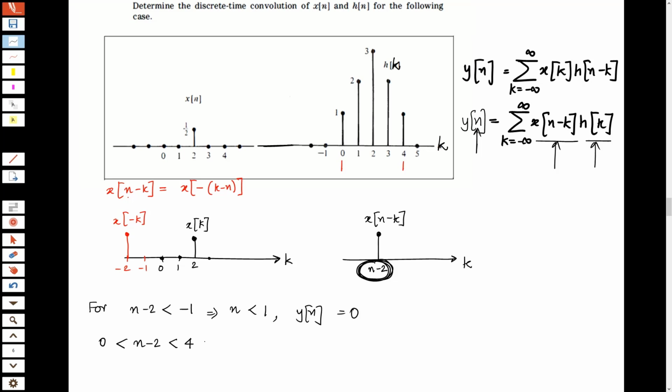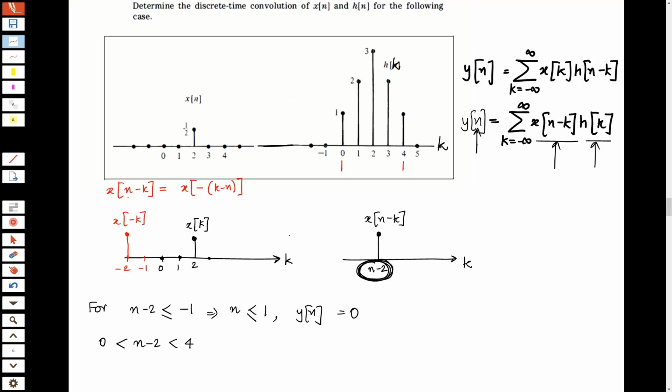Another important thing here is that because these are discrete time signals, it's better to use less than or equal to. So here I should have actually said n minus 2 less than or equal to minus 1, because even if this n minus 2 was situated here, there was no overlap between the two. So n less than 1.